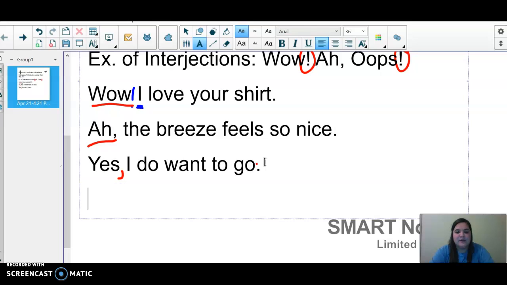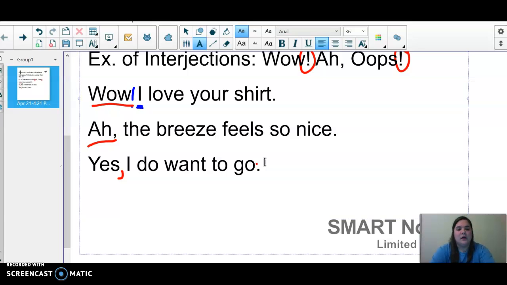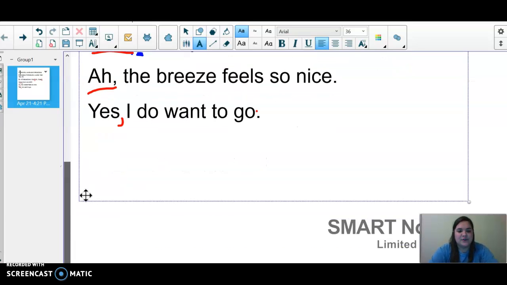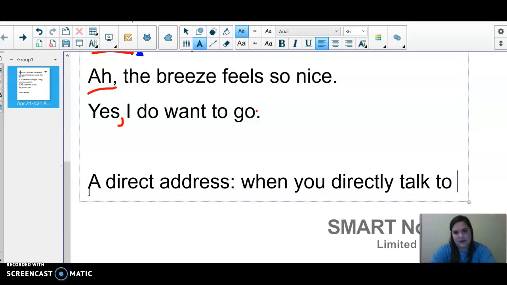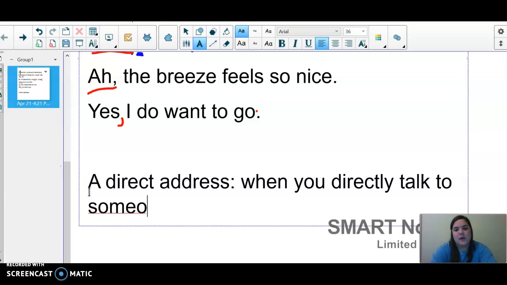The last thing I wanted to talk about is that sometimes you have an introduction that has like two parts. So it's something called a direct address. And if you remember when we talked about this in class, that's basically when you directly talk to or address someone in a sentence.